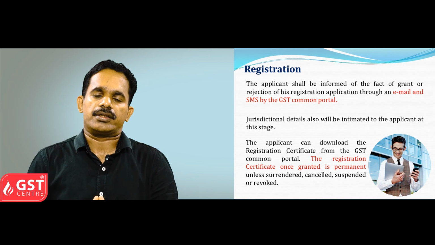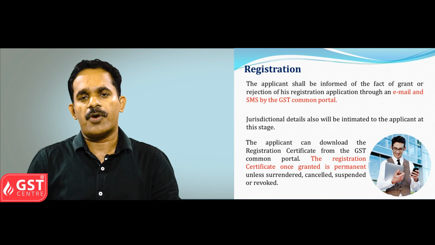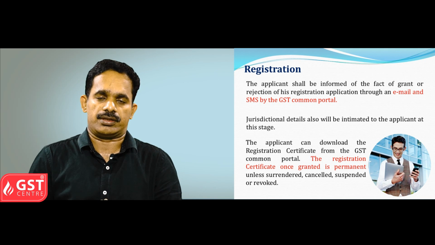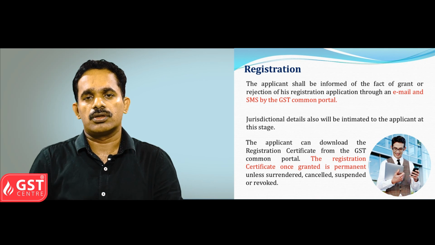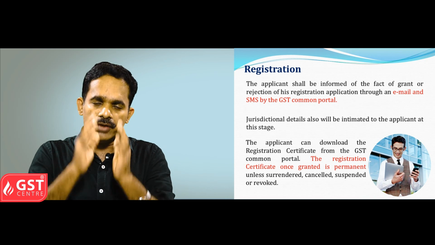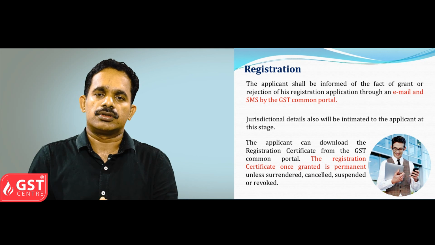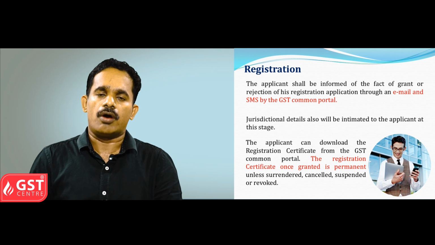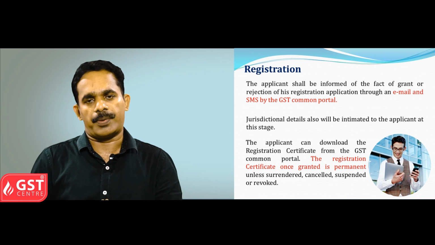The applicant will be informed about the grant or rejection of registration through an SMS and by an email. The communication will be done to the registered mobile number or the email ID of the applicant.